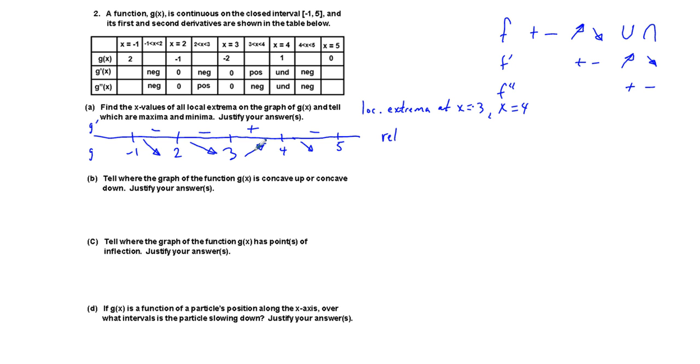First we're going to look at this minimum at x equals 3, that's not -3, it's equals 3, because g prime changes from negative to positive.